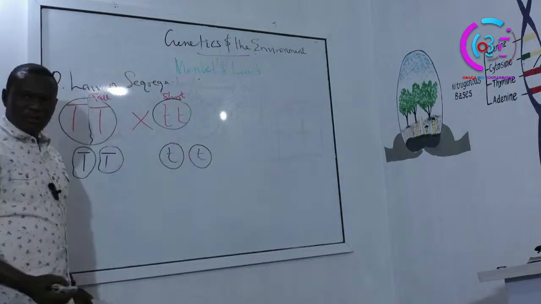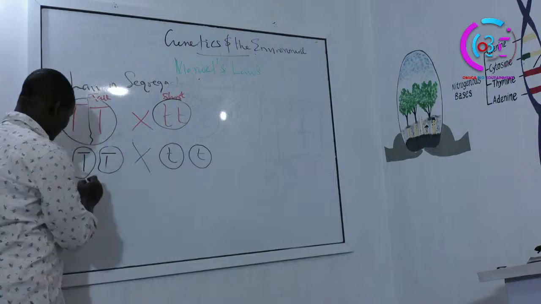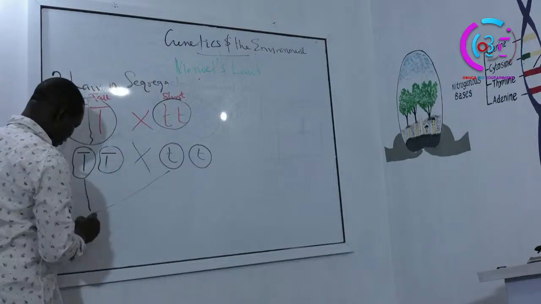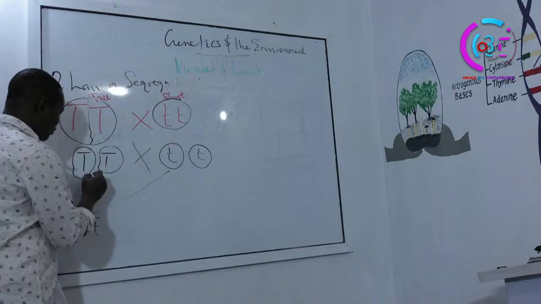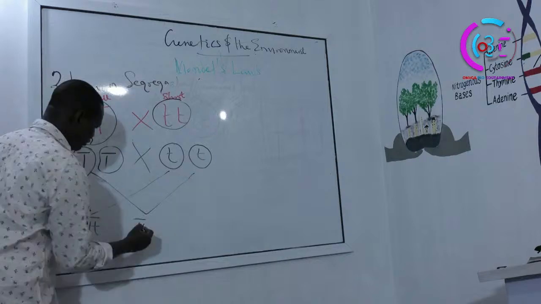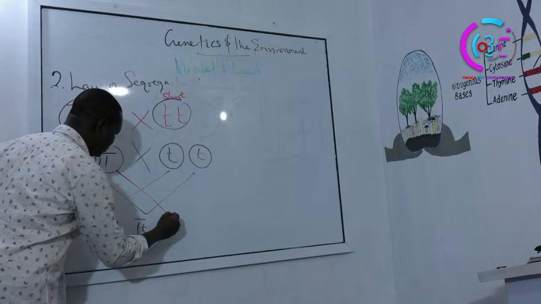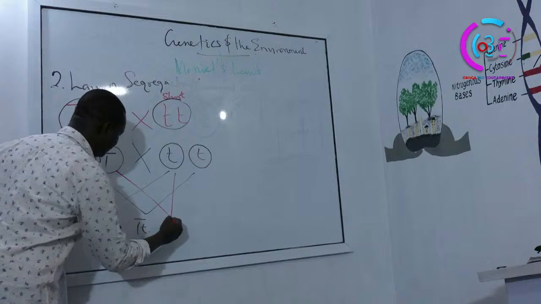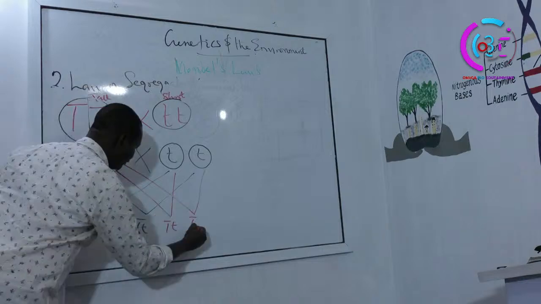So when you are crossing them together, so that you have this with this, it's going to give you this. Then you also cross this with this, it's going to give you this. Then you are going to cross this with this, it's going to give you this. Then this one with this, it's going to give you this.